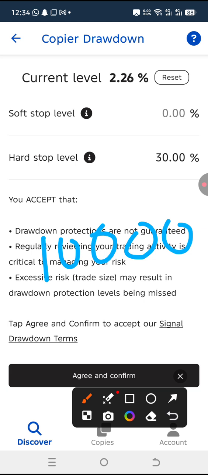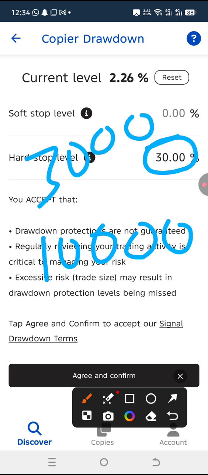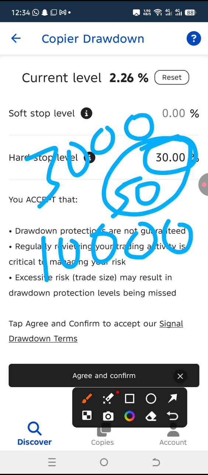Then I'd suggest you put in a minimum of $30. That is 3,000. That simply means if one of the pairs is going to be activated, it's just going to be closer to your own trade. But to give it more room, you can put it on 50%. Your stop loss should be between 30 to 50%. So you need to look into that.